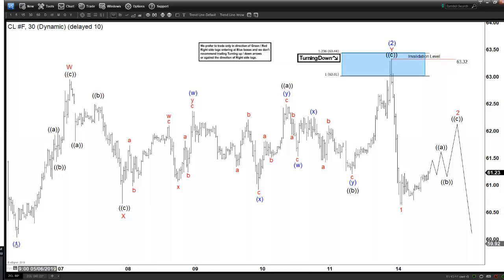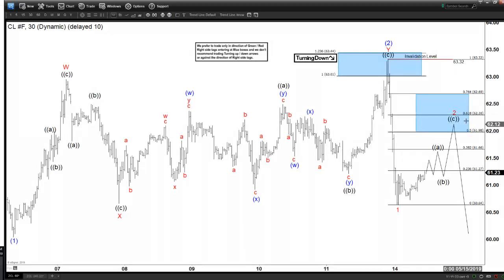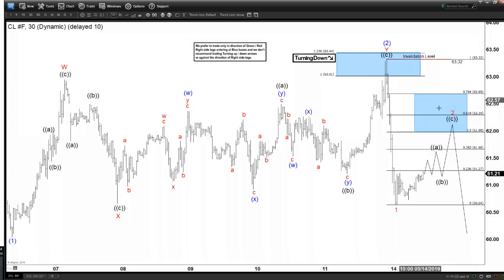Now, as to what level, of course, the exact level is not really possible, but you can always use an area like retracement to get an idea. So for example, 50% retracement to 76.4% retracement is going to be around this area, if it can go there, of course. 61.98, so around $62 to 62.7 is a potential area to finish this correction, or this wave 2.